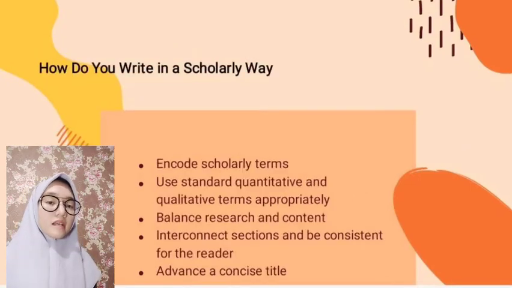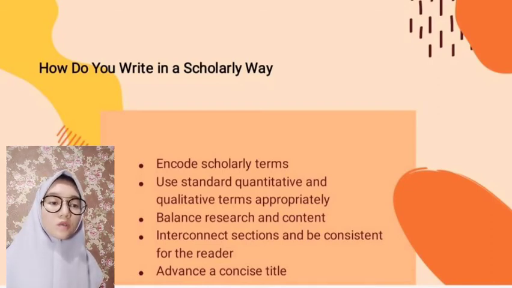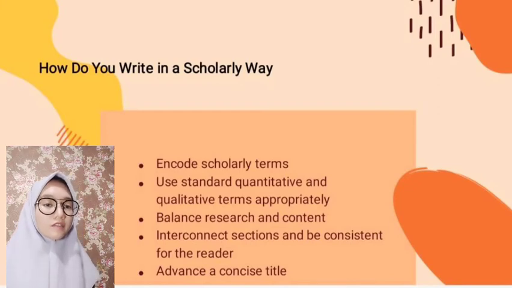And the next is how do you write in a scholarly way? First, use standard quantitative and qualitative terms appropriately, balance research and content, use interaction sections, and be consistent for the reader. And the last is advance a consistent title.